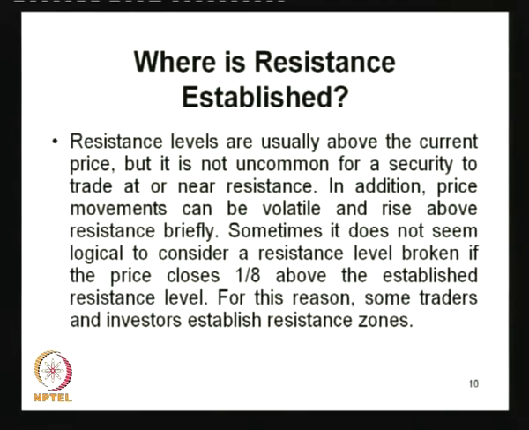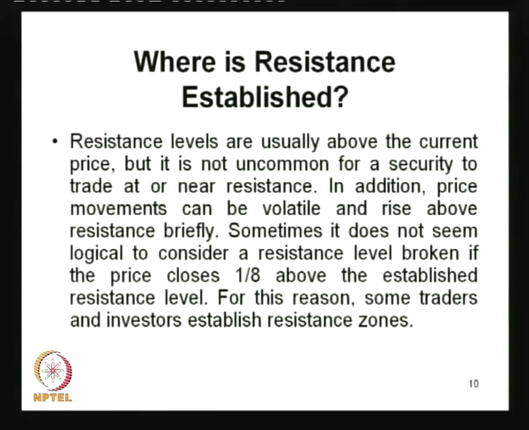Where is this resistance basically established? In practice, the resistance levels are usually above the current price, obviously, because we always expect an inclining trend. That is why we draw the resistance line above the current price prevailing in the market for that particular asset. But it is not uncommon for a security to trade at or near the resistance.